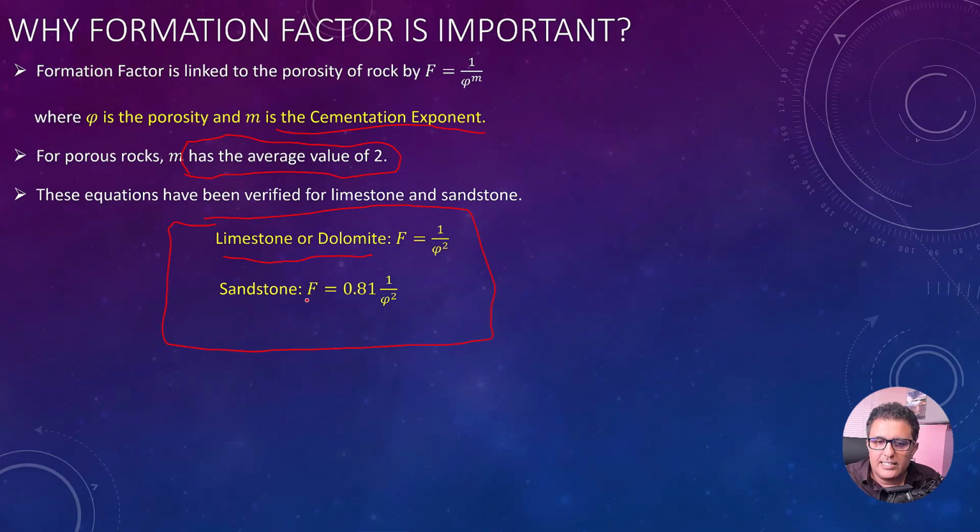And if it is sandstone, F is equal to 0.81 over phi squared. So it is very interesting that if we measure some values of the resistivity, we can link it to the porosity, which is a petrophysical property.